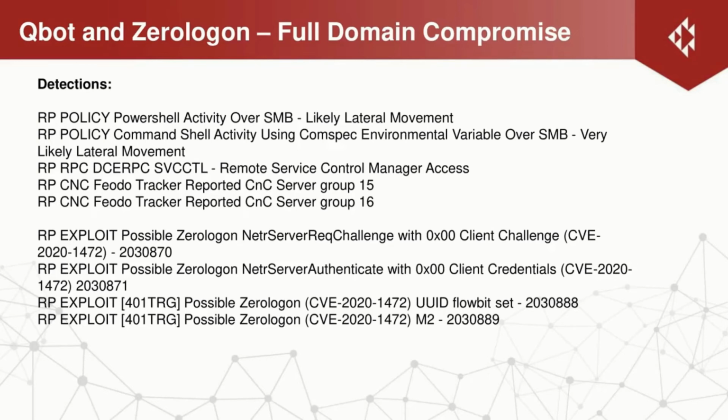So there's 4 different rules there as well. Some of these are a lot noisier, the last 2, so they'll be disabled by default. They can be enabled through a security tuning activity. But the first 2 would then block the Zerologon attack taking place.